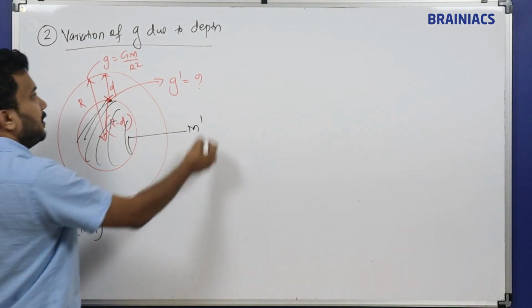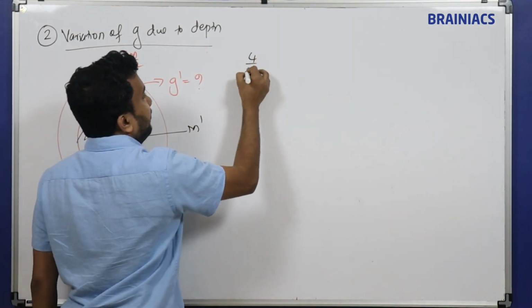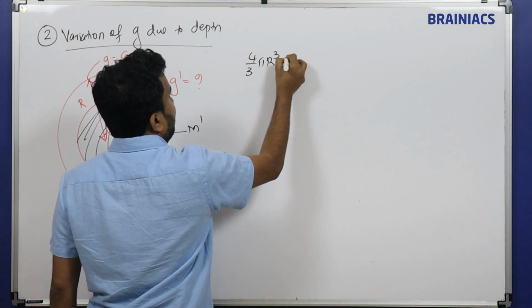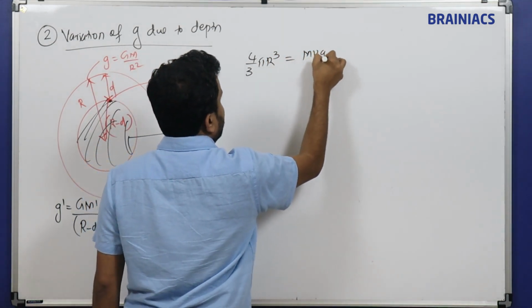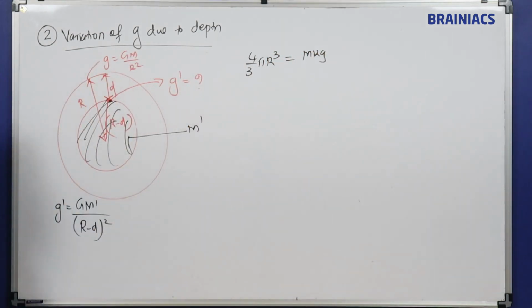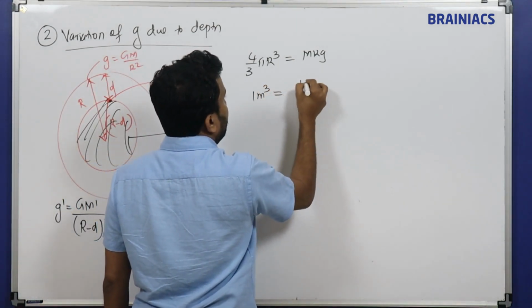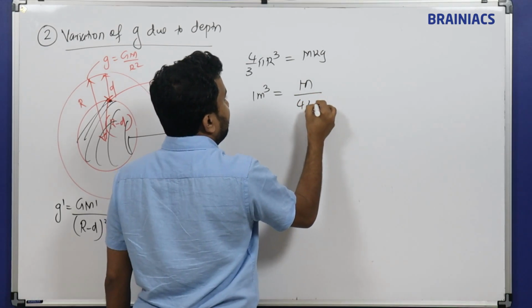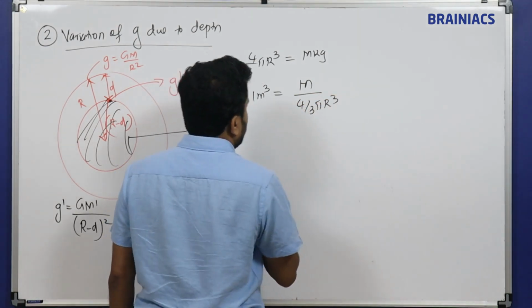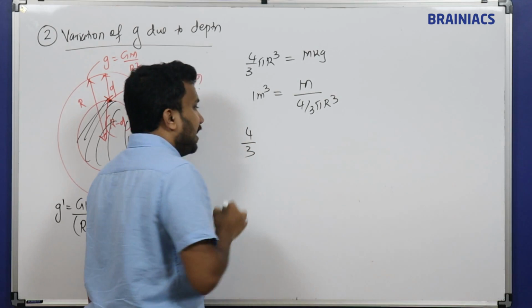So how to find the mass? We know 4 by 3 pi r cube volume will have M kilogram mass, where r is the full radius. So dividing both sides by 4 by 3, 1 meter cube will have M divided by 4 by 3 pi r cube as the mass. Our radius is r minus d.